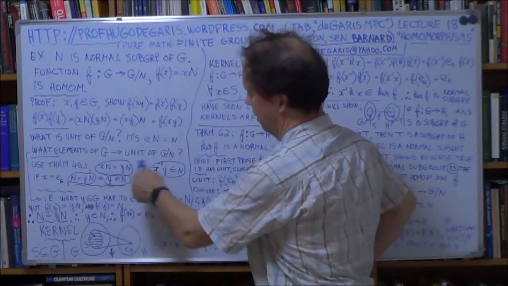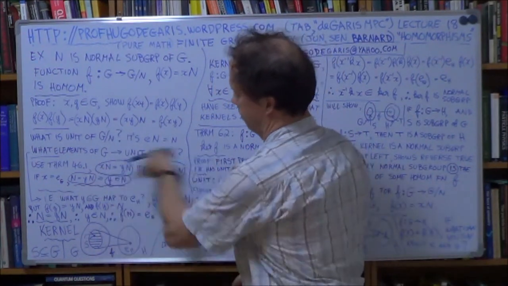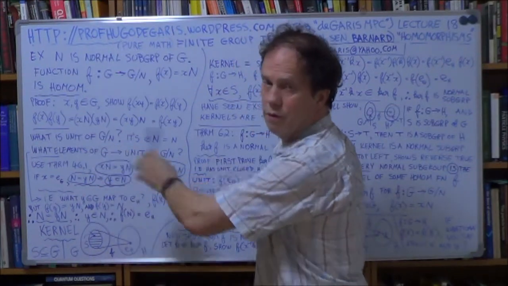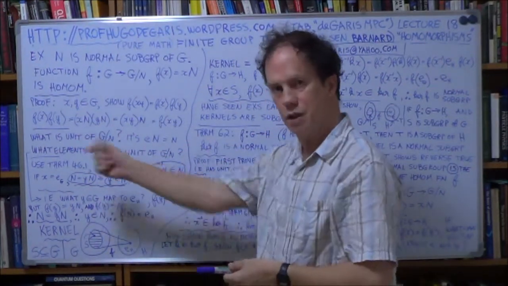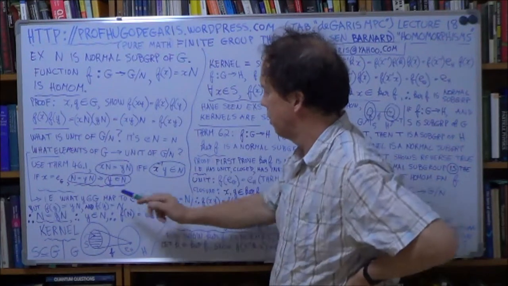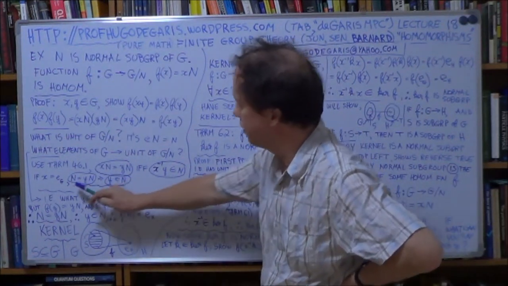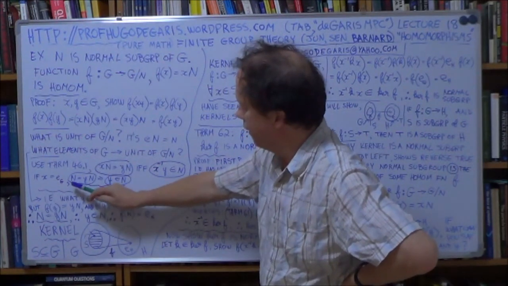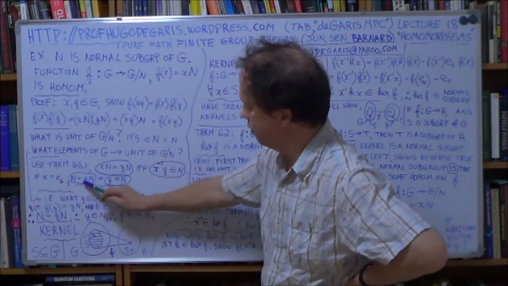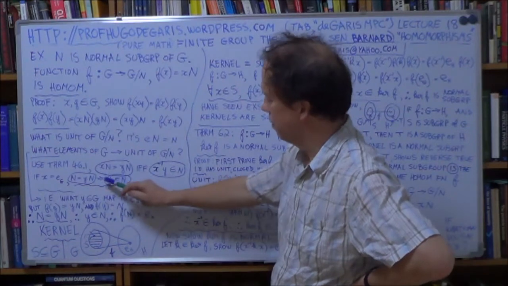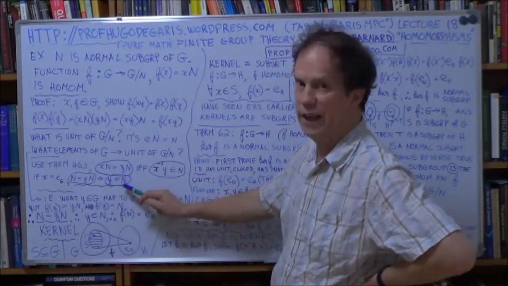Now remember, these two, they're both ways. It's if and only if. Each direction is valid. Each direction is true. Right? So we're going to use from this to this one in this case. So if n equals yn, then y here belongs to n.